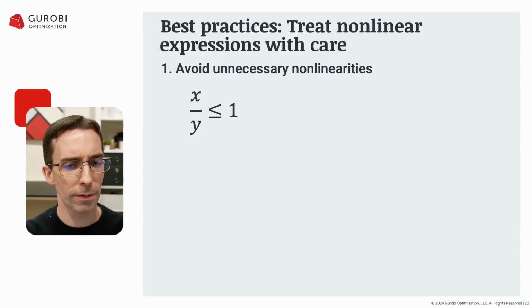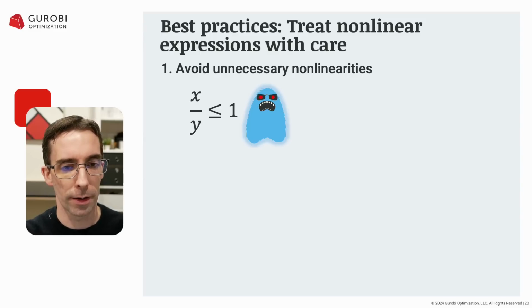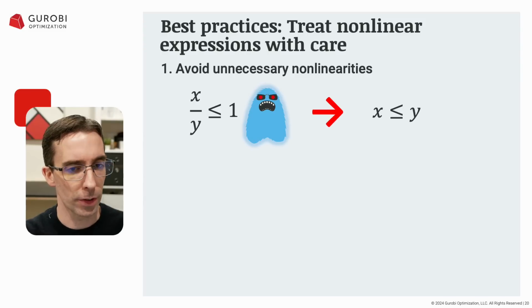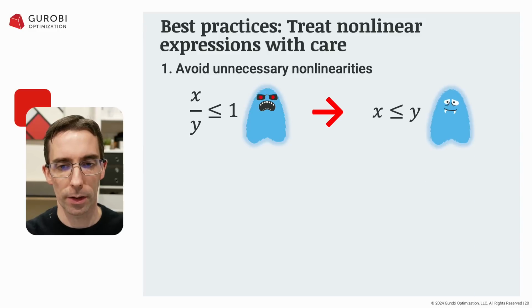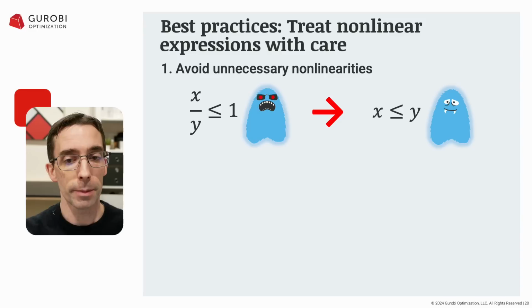However, when you have nonlinear functions, you can look at them and try to figure out if there's a simpler way to represent them to reduce the amount of nonlinearity or possibly eliminate it. So for example here, we have the constraint that x over y is less than or equal to 1. And maybe if somewhere else in our problem we know that y is non-negative, then we may be able to simply multiply through by y to obtain a linear inequality, x less than or equal to y, which would then, in this case, eliminate the nonlinearity.